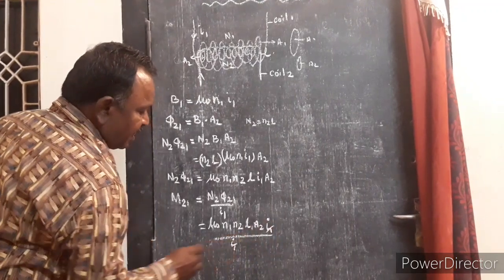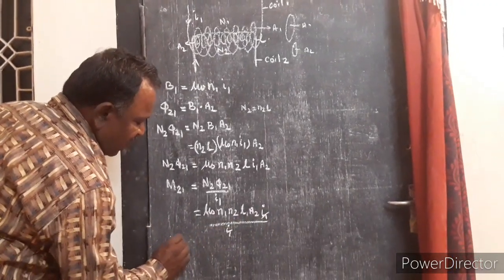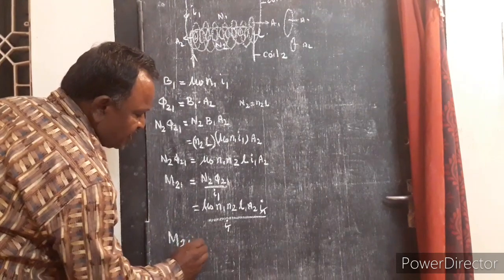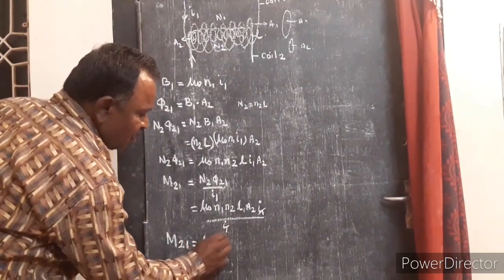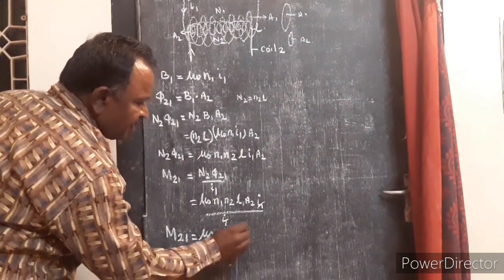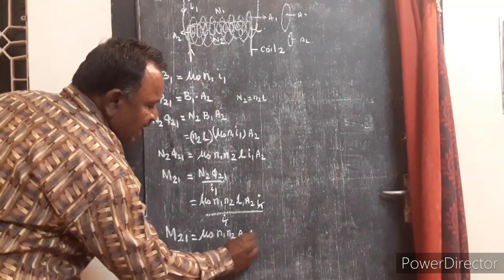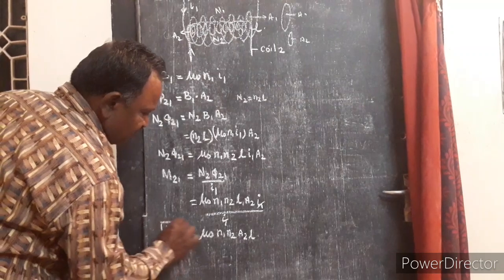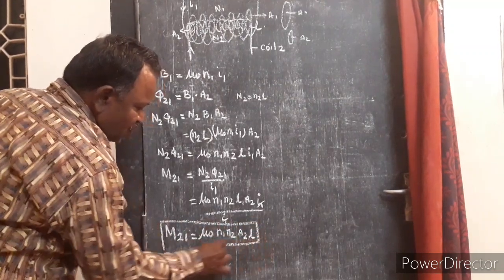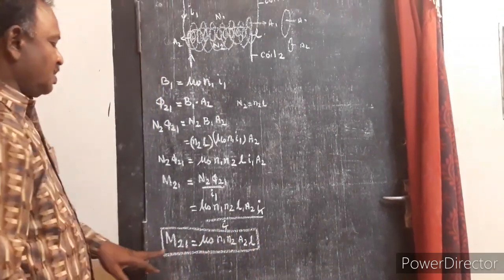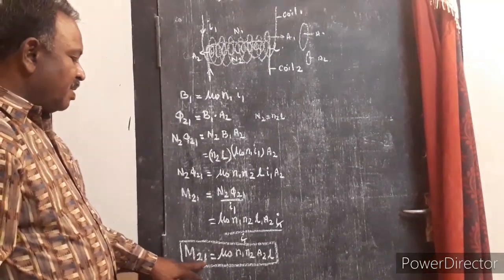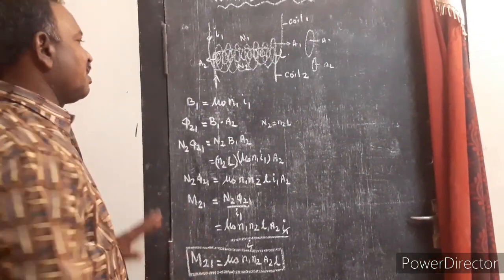This I1 and I1 get cancelled. So you will have M21 equal to mu naught n1 n2 A2 L. This is the expression for the mutual inductance of the second solenoid with respect to the first solenoid.